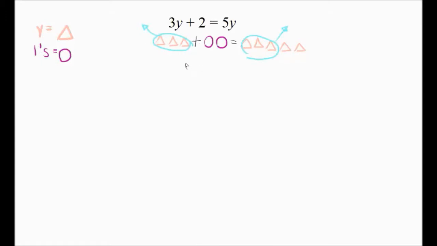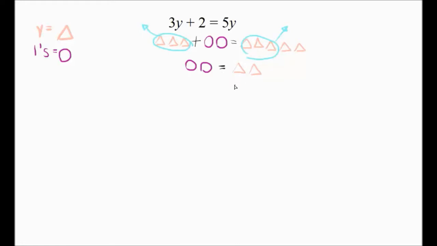Now we are left with 2 of the ones, represented with 2 of the purple circles, is equal to 2 of the y triangles, which are those pink triangles, because we cancelled out these 3 triangles from both sides. Now, this statement shows that 2 of the ones is equal to 2 of the y's.